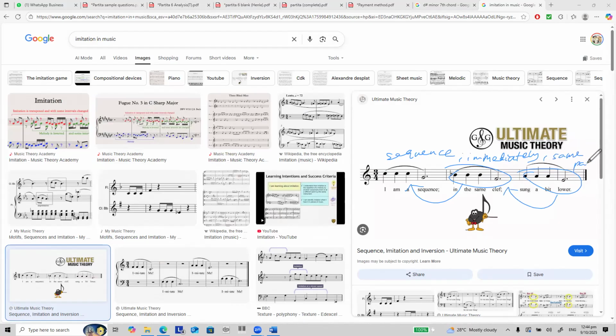So this is the difference between sequence and imitation. Sequence is something that happens in the same voice, same melodic line, immediately and in the same part. So this is the difference.